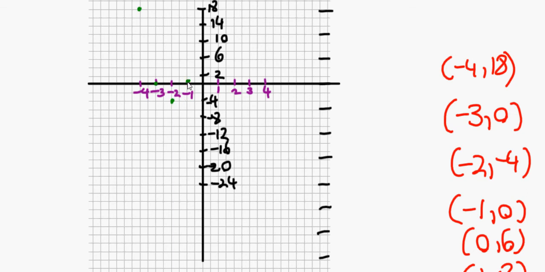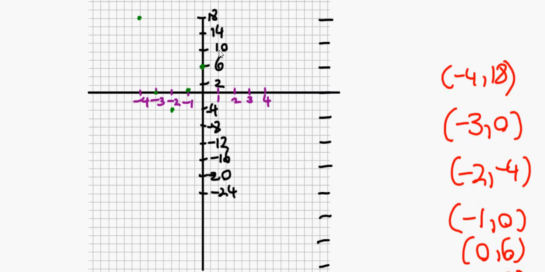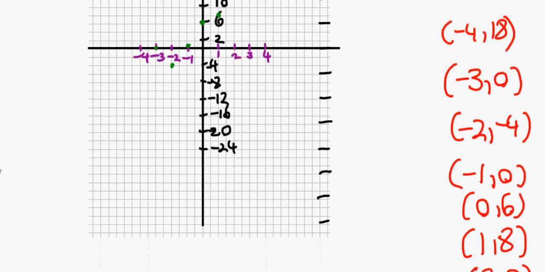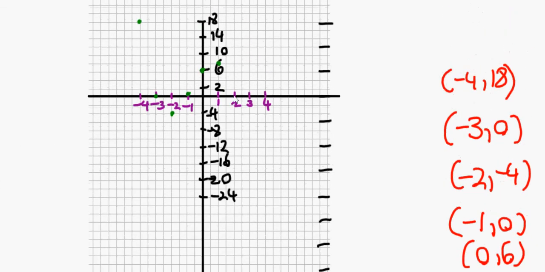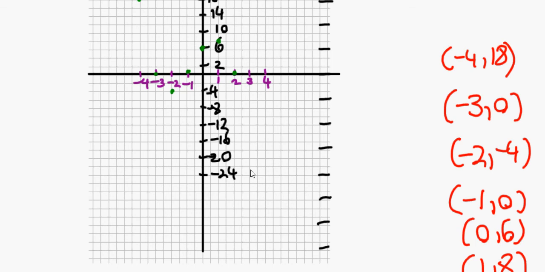We can see the first turning point already. 0, 6 is located here. We have 1, 8, which will be located in here. Then we have 2, 0, which will be located here. And then 3, minus 24, which is located down here.